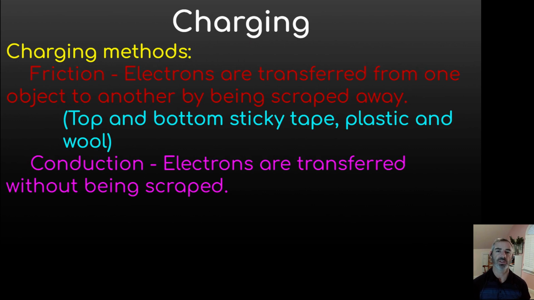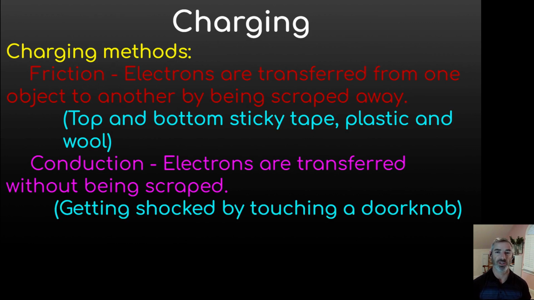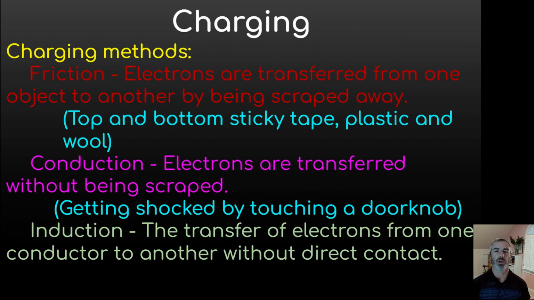You have two conductors, they come in contact, and electrons are easily transferred between those conductors. This would be like in the wintertime, you build up an excess charge because it's dry and you go to touch a doorknob and you shock yourself, which is a transfer of electrons. And the third that we're going to talk about in this video is induction. This is the transfer of electrons from one conductor without actual contact.